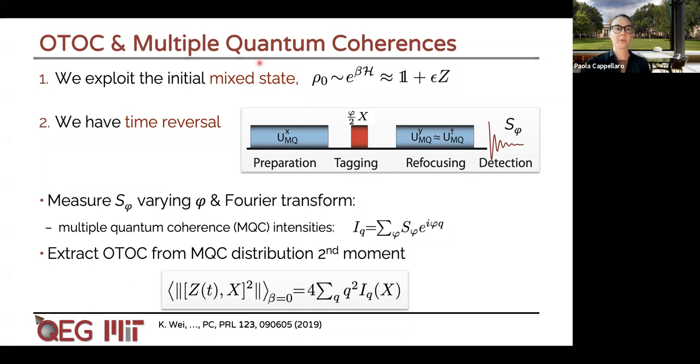The second tool that we have is that we can engineer time reversal using control. And so a typical experiment will go like this. I will evolve my system under some engineered Hamiltonian, and we'll discuss a lot about what we do to engineer the system. And this engineered Hamiltonian will create correlation among the spins. I'm then able to tag the correlation by doing rotations.